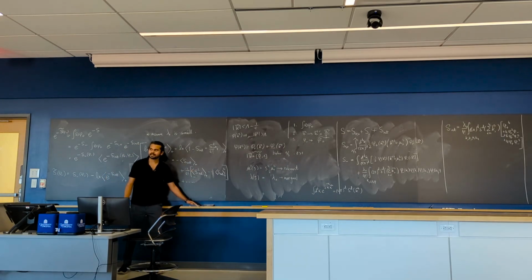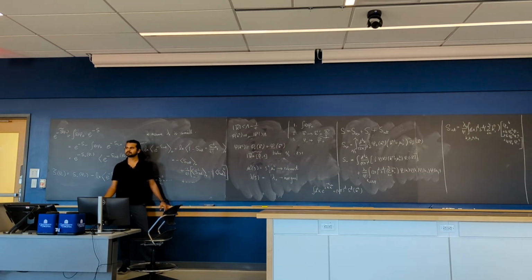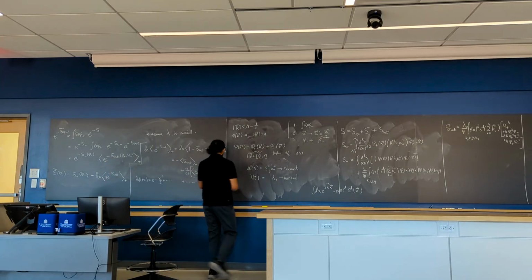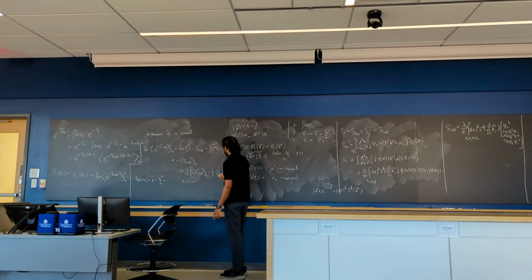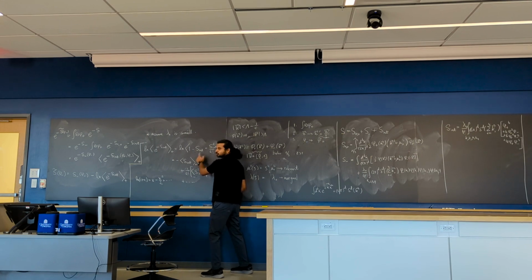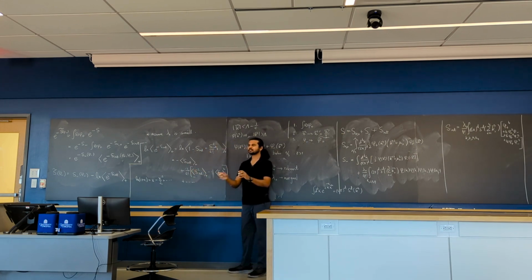In general, we will end up with the nth cumulant. Cumulant means just that all these things are subtracted off. So all the previous order stuff squared, or previous order stuff multiplied to each other, is subtracted off. That's what it means.